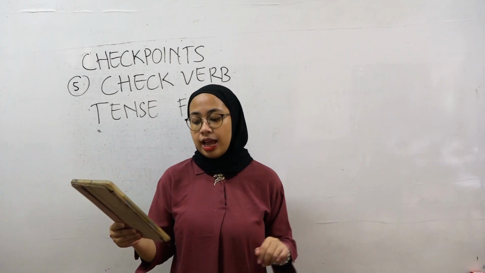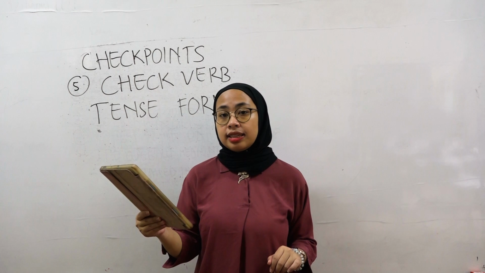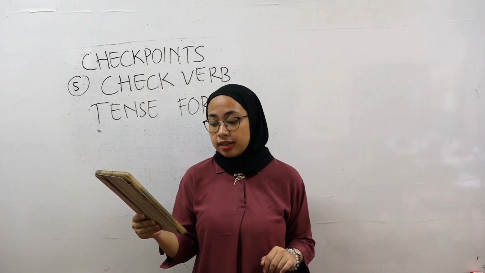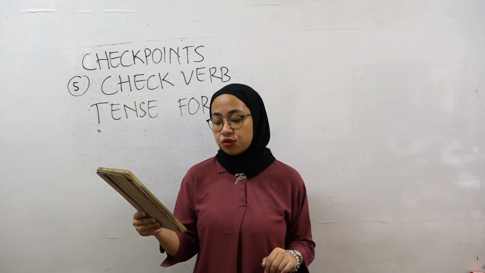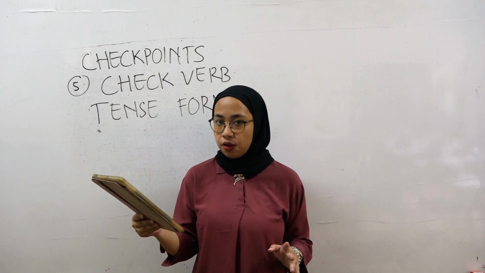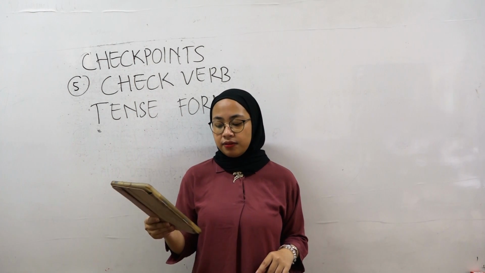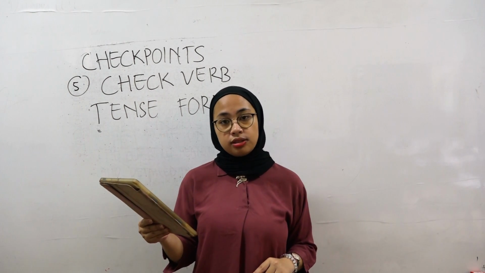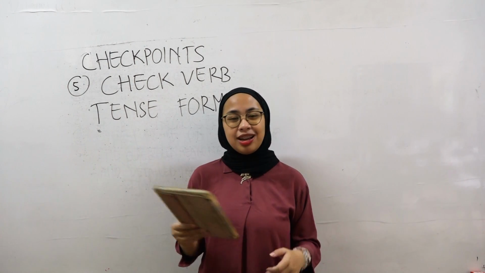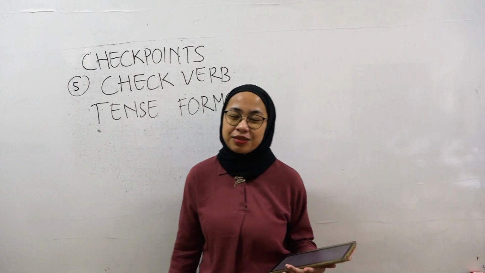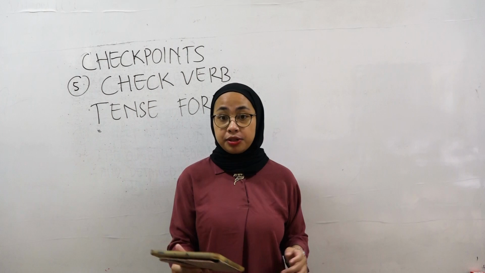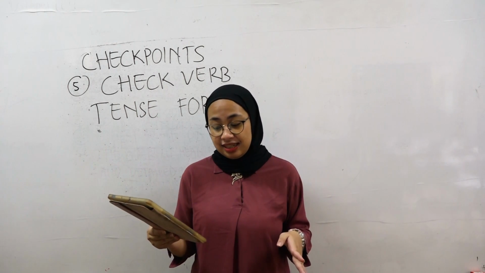The example: David has eating in this restaurant several times, with A, B, C, D marking the parts of the sentence. What is wrong with the sentence? David has eaten in this restaurant several times. Remember my explanation? In this question, the verb has is followed by the present participle form of eat, right?